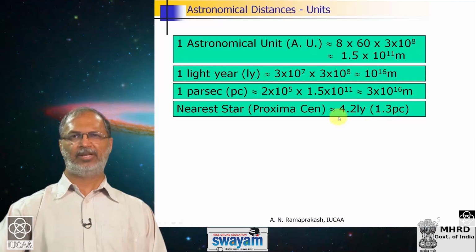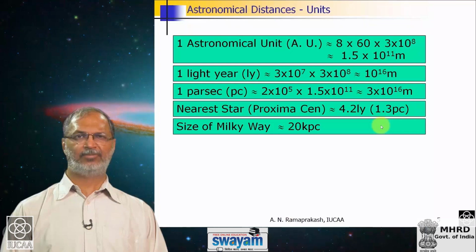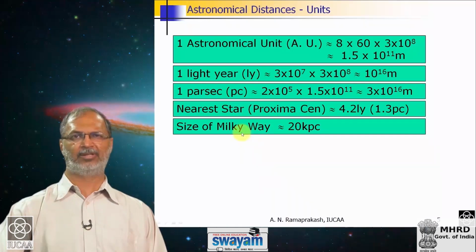So, a typical distance from one star to another in the galaxy is about 1 parsec. That is a typical interstellar distance. Now, in those units, if I ask what is the size of the galaxy we live in, the Milky Way galaxy, it is 20,000 times typical interstellar distances.